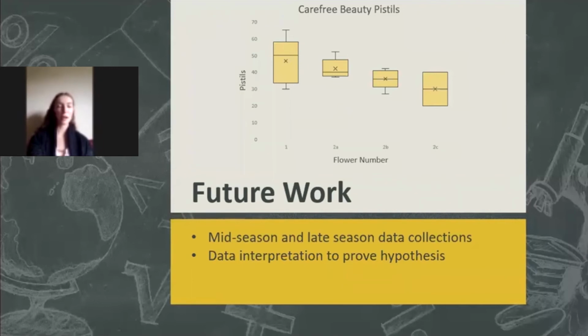What I'm looking for as far as data interpretation is the graph you see above on the slide, which is the pistil count from Carefree Beauty from my first data collection. You can see on the box and whisker plots, the X's show the average number of pistils as the flower count increases from the first to the second and so on, from left to right. And you see that nice downward sweeping curve, and that's really what I'm looking for to prove my hypothesis.